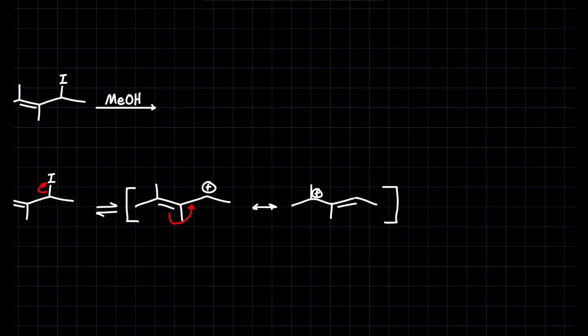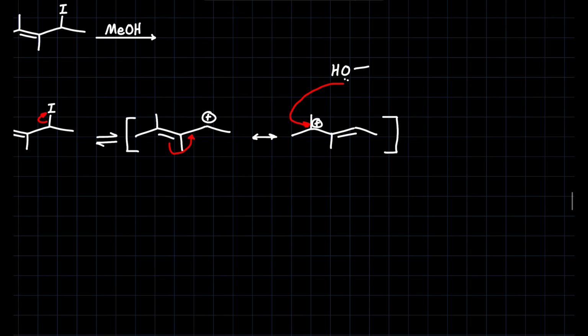Now don't forget, we still have our methanol in the solution, and the lone pairs on that oxygen will actually go and attack our new carbocation that's in the tertiary position. And because of that, we are now forming a new carbon-oxygen bond.